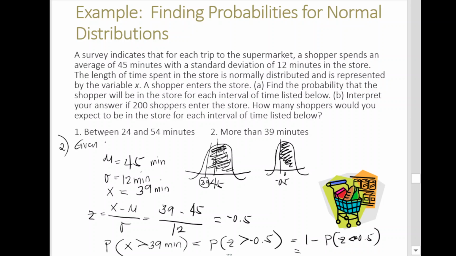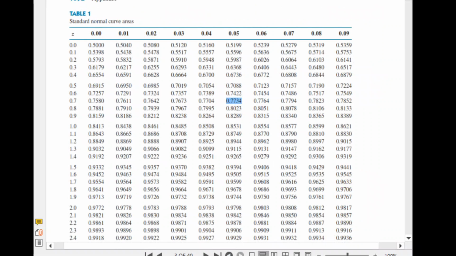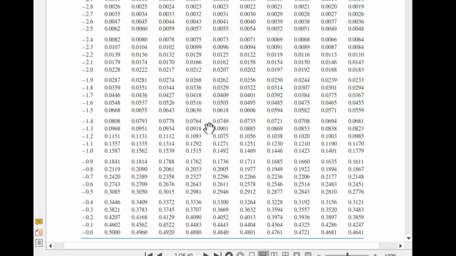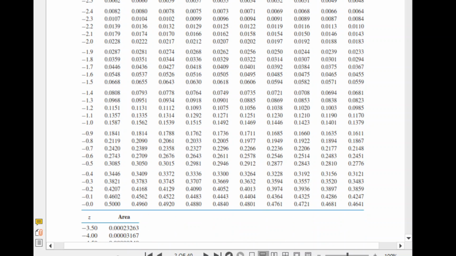Okay. Hanapin natin siya sa table. Let's shift the scene. Okay. Negative 0.5, negative 0.5, negative 0.4, 0.3085. 0.3085 daw. So, lagyan na natin siya.